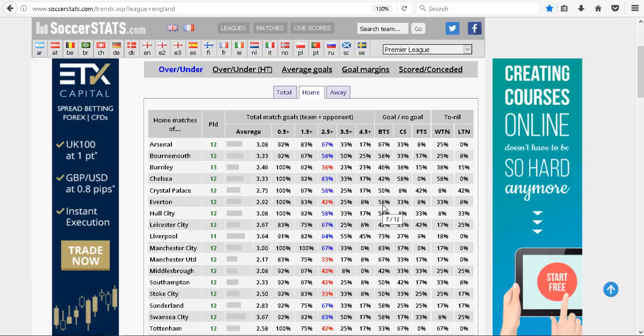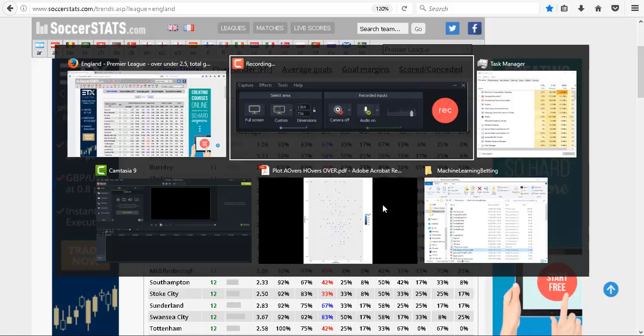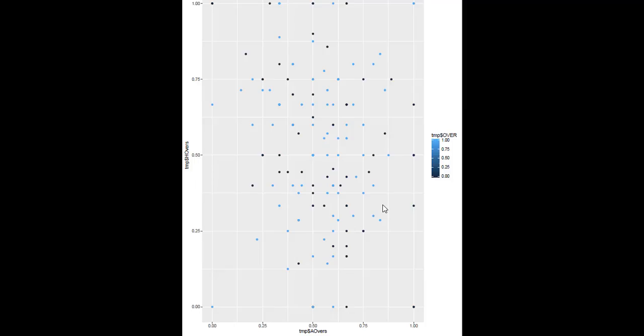So I was just looking at the football data. When I produced this, which is the kind of thing that you can do in R. I don't know whether I'm cutting off the top.